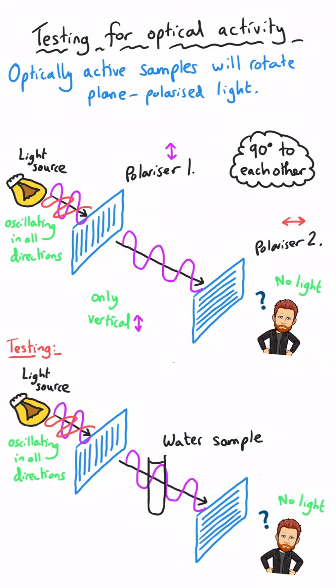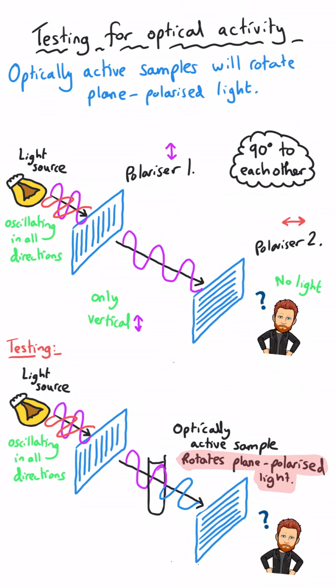Then if we put a sample tube between them that maybe is just full of water, for instance, we will still see nothing. This person will see nothing through that polarimeter. They won't know that the sample tube is there. If we take that water sample tube away and we replace it with a different sample tube which has got a sample of an optical isomer, what will happen is the light will be rotated slightly by this sample.